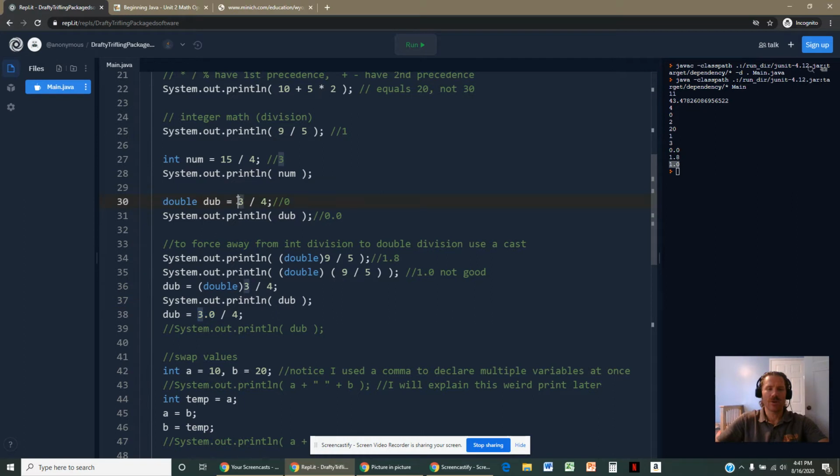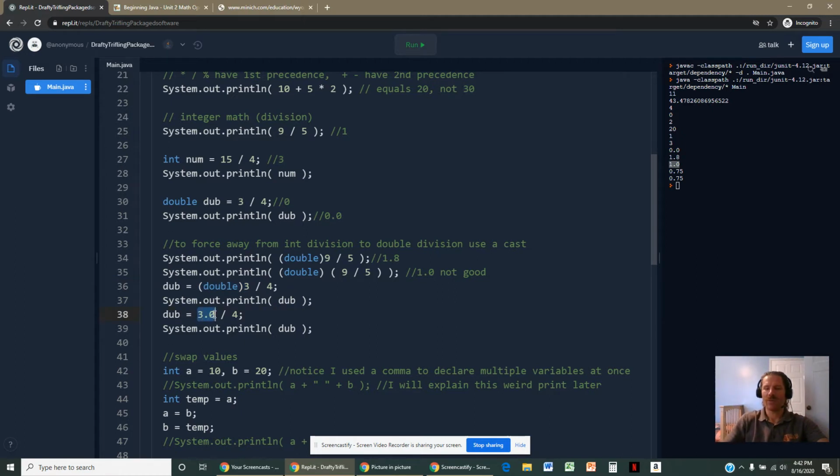Remember earlier we were seeing 3/4, and we were surprised by the 0, which then printed as 0.0. In both of these examples here, we should see 0.75 print. Here we're seeing 0.75 because of the cast that I performed on the number 3, and here we're seeing it because I used a double.